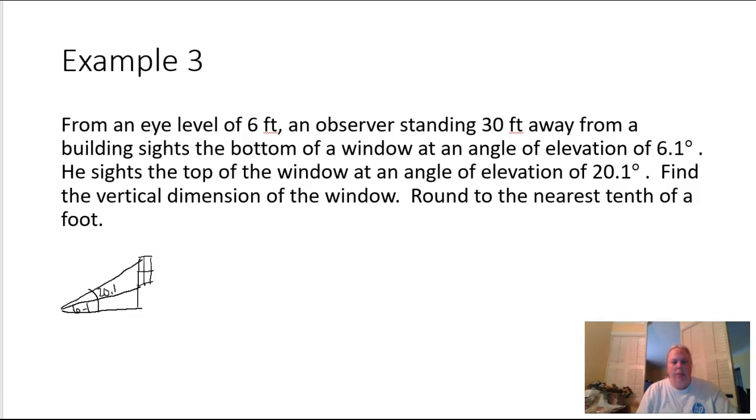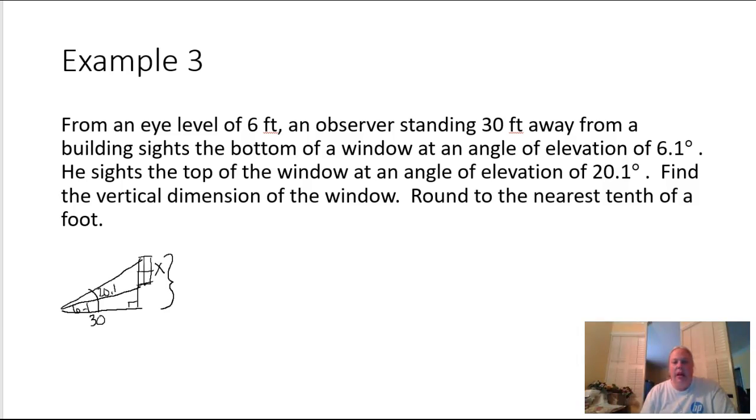And then this is the horizontal line of sight, and there's going to be our right angle there. We're trying to figure out how tall the window is. We also know that the person is standing 30 feet away from the building where the window is. So what we want is to find this entire length right here.